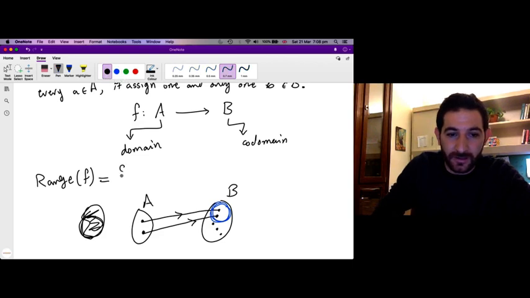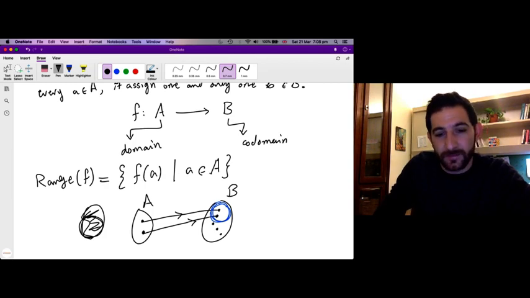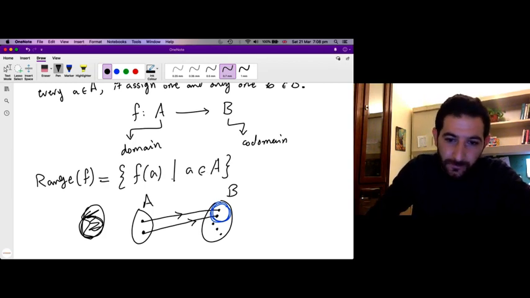So the range is the set of all the images of elements of A. So look, it's the set of f of a where a is an element in the domain. So this blue thing is the range of f.